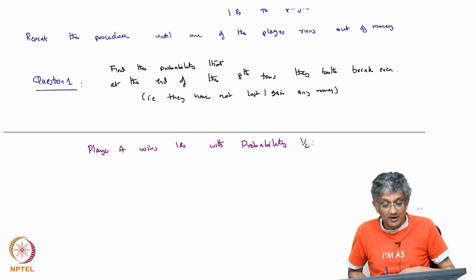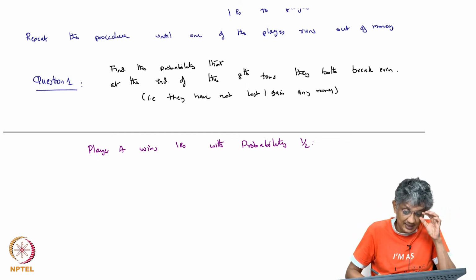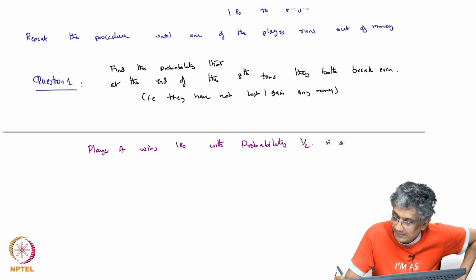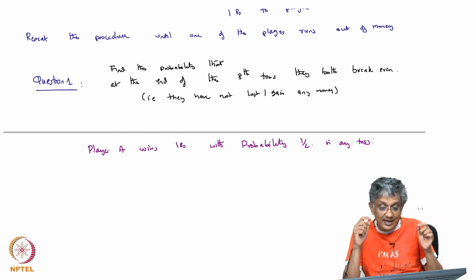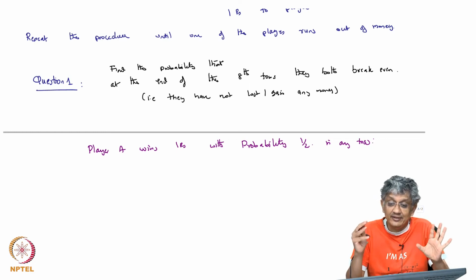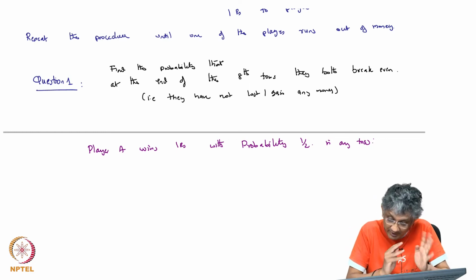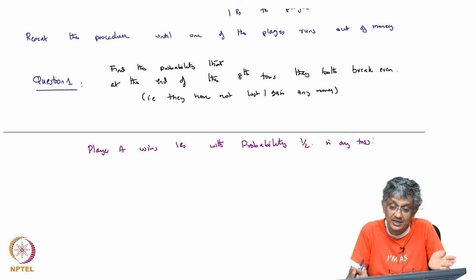So with probability 1/2 player A wins in any round, in any toss, right? So in 8 tosses, if player A has to have not gained anything, whatever he or she has lost, they have to gain it back.